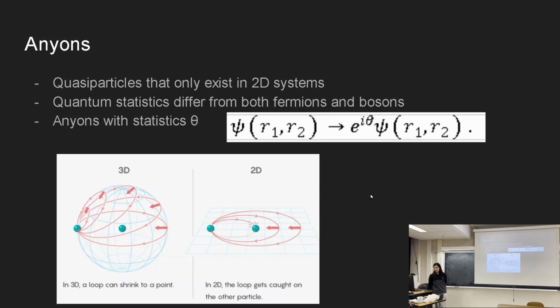Yeah, instead of just 0 and pi. Because I'm thinking of anyonic statistics, and that's different from fermionic and bosonic. So for bosons, theta is 0, and for fermions, it's pi. Right. And for anyons, it's any. It could be something else. And only 0 and pi are possible in three-dimensional systems.